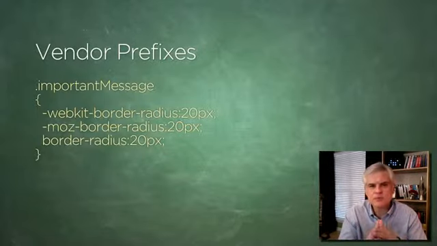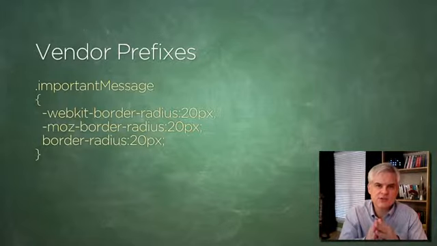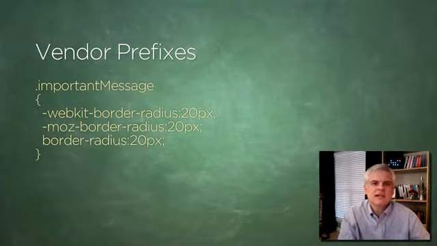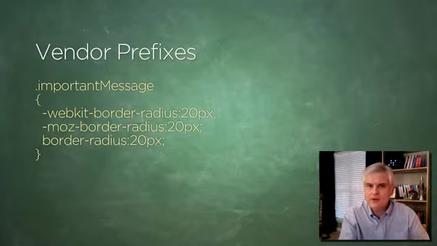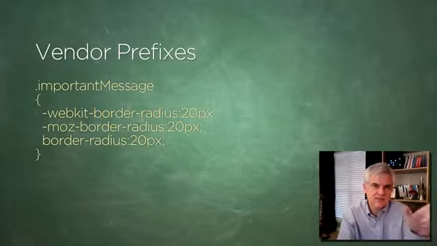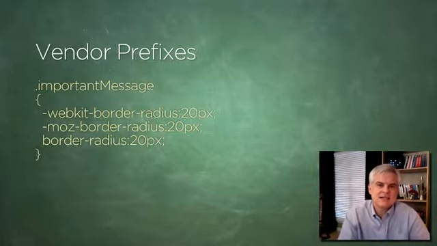Some vendors want to support a particular new and upcoming feature of CSS Level 3 right now, today, so they add their vendor prefix to that property, and they support that property unofficially so that it allows web developers like you and I to get our feet wet, to try it out, and then provide feedback to the browser vendor. All other web browsers then would ignore that property, especially if it has that vendor prefix in front of it.